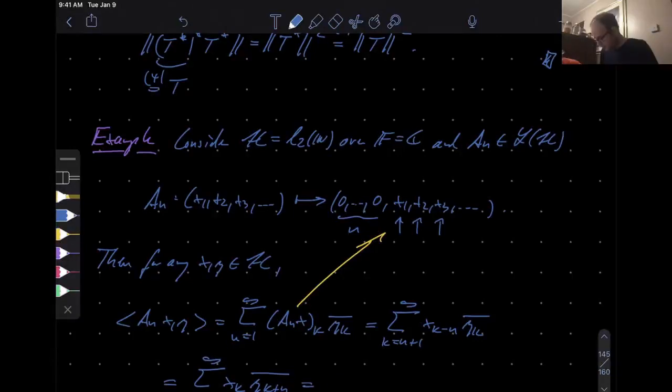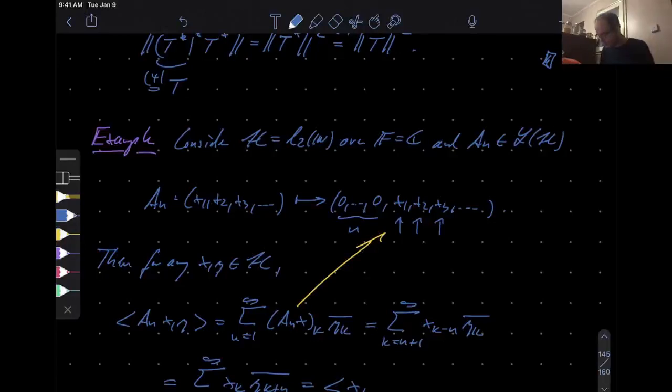Now if you remember what the left shift does, the left shift moves everything to the left, but it erases information from the sequence. So if you apply it once, the image sequence would not start with x1, but it would start with x2, then x3, x4, right? And if you do it n times, you start with x sub n plus 1, then x sub n plus 2, but the first n terms are all gone.